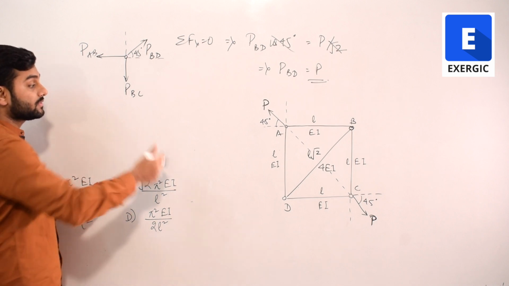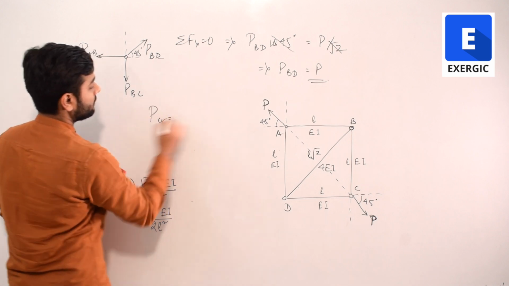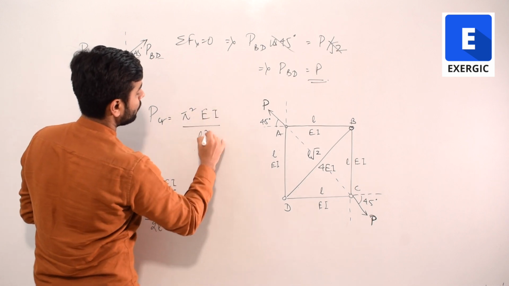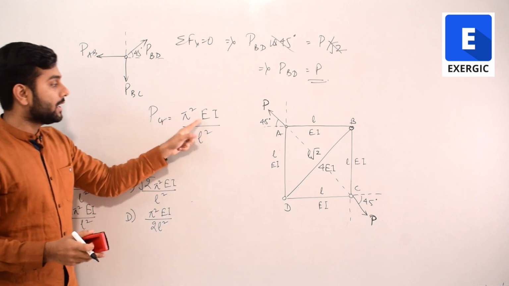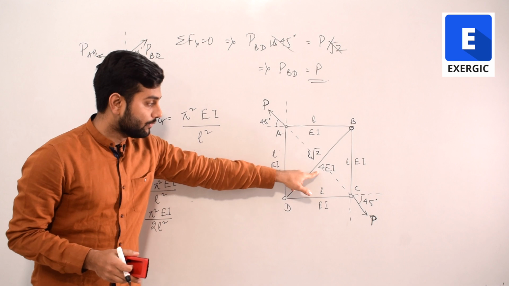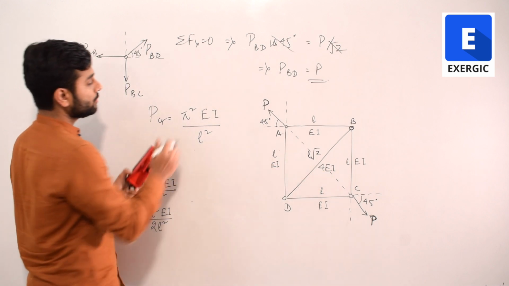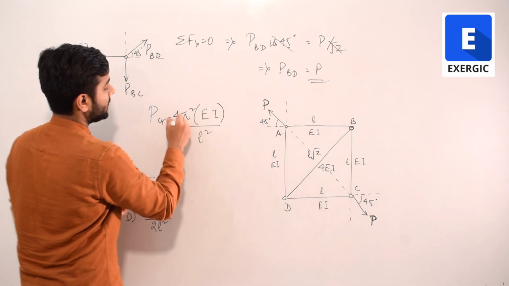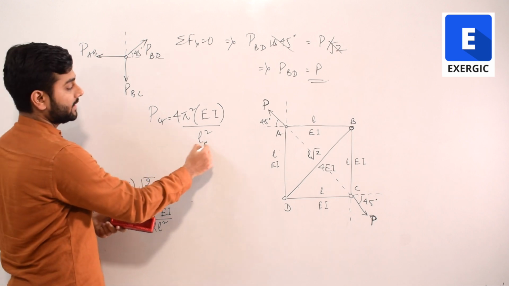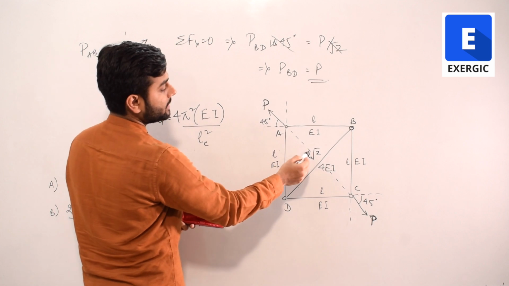So in this member, the same load or force P is acting directly. So as a result of that force, how much will be the critical load for buckling? Pi square EI by L square. But EI in this case is 4 EI, so this will be multiplied by 4. Length here also, effective length is not L, rather it is L root 2.